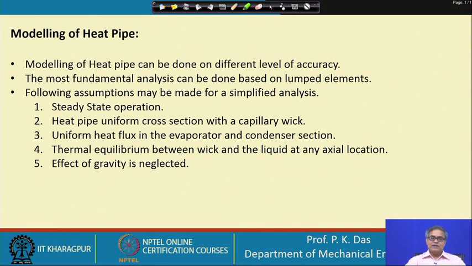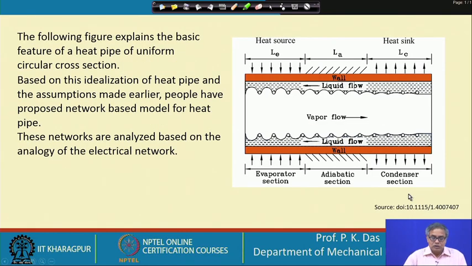Then the effect of gravity is neglected in this analysis, but one can include the effect of gravity if one likes. So, let us go to the most simplified analysis or modeling of heat pipe. Next slide. In the next slide I am showing you one diagram of the heat pipe.